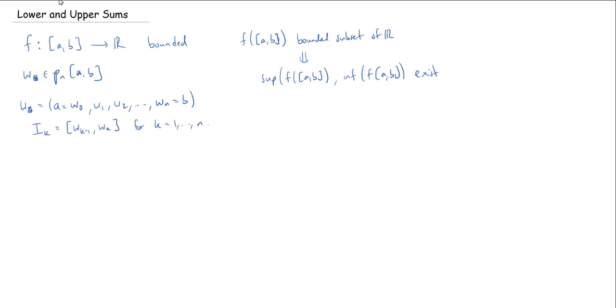So I've broken up my entire interval [a, b] into sub-intervals, all of which are closed intervals. And then I'm going to do one last piece of notation. I'm going to define the length of this interval just to be w_k minus w_{k-1}. So however long this interval is, that's what I call L_k, and I'll refer to this as the length of the interval I_k.